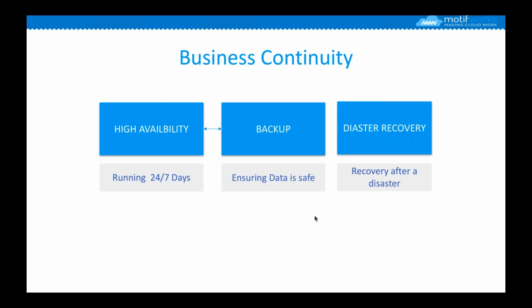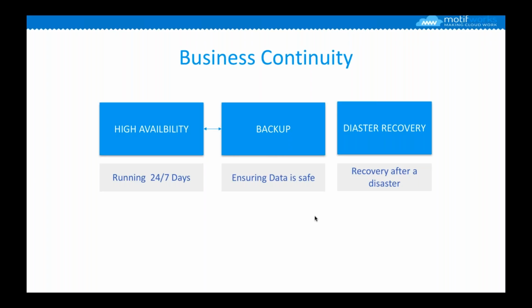From there we go to the secondary option, which is backup. In backup, you typically make sure that your data is protected and safe. So in case something happens, you have already taken the backup, and you would be able to restore it and provision the virtual machine or server so that you can do your business again.